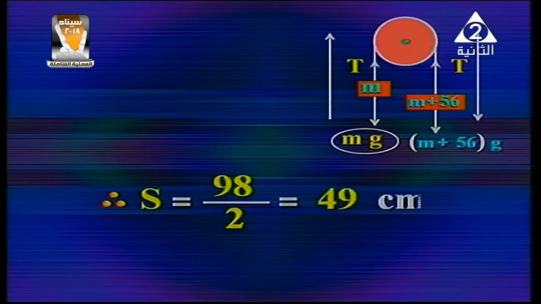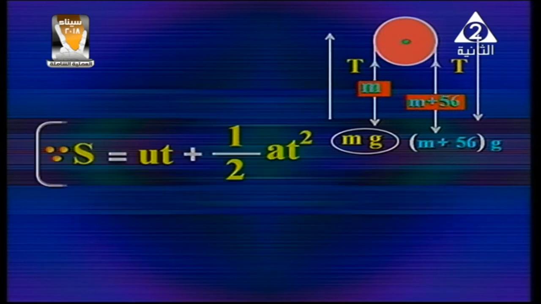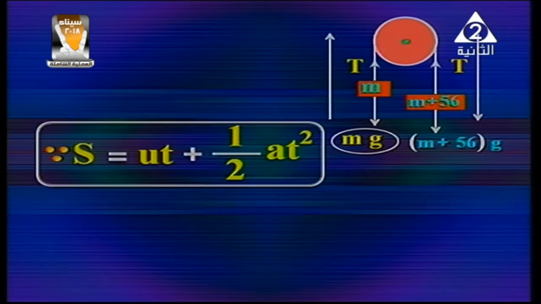Then s equals 98/2, which equals 49 centimeter. Remember, s equals ut plus half at squared, and the distance is divided by 2. Why? Because the distance between them is divided by 2.